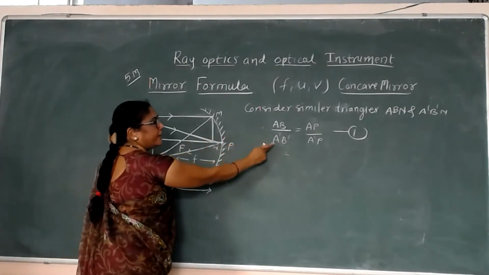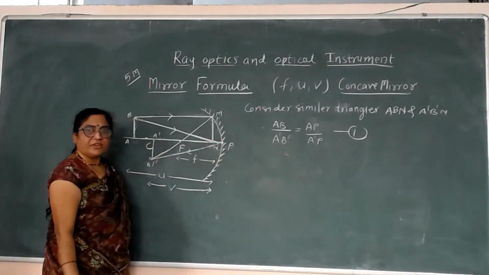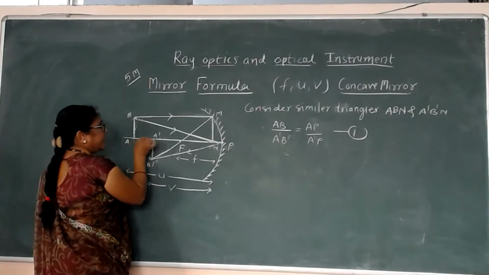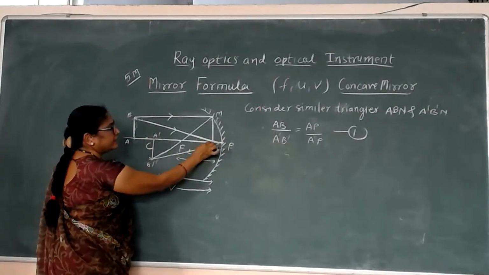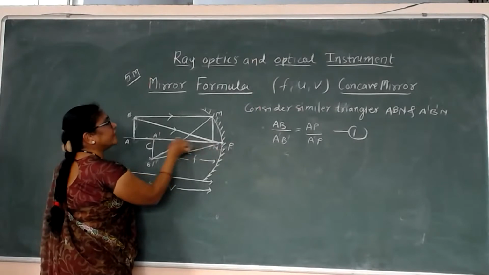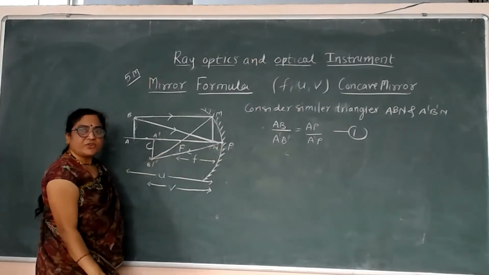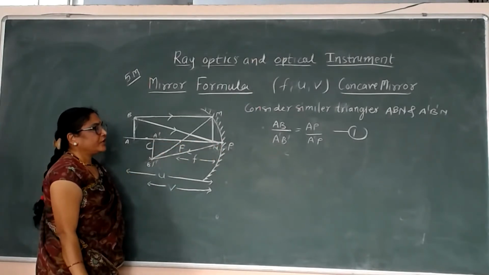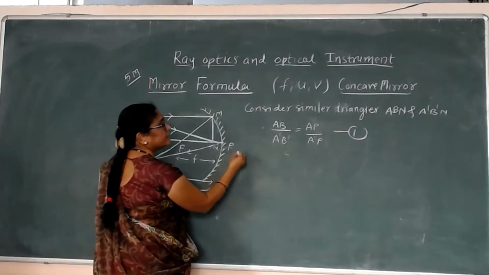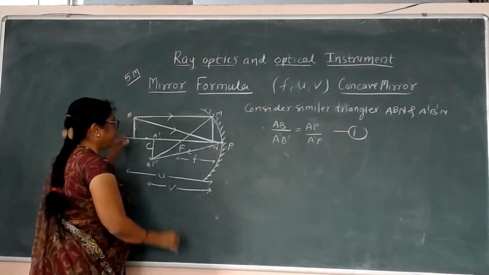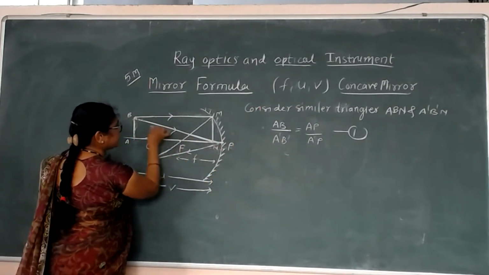So AB divided by A dash B dash is equal to AP or AN divided by A dash N or A dash P. So these are the similar sides. Then again compare the similar sides. Okay, first we consider these two triangles.